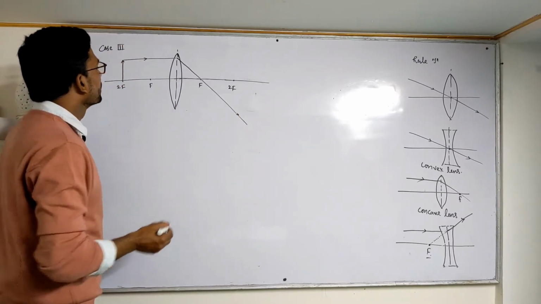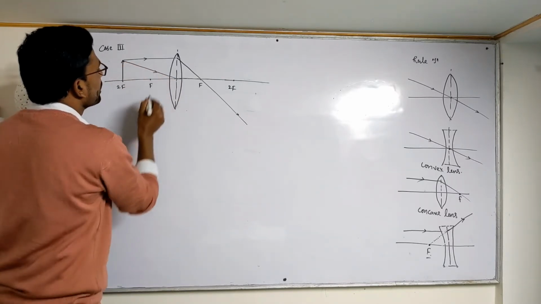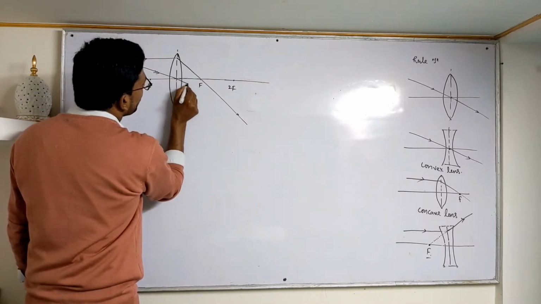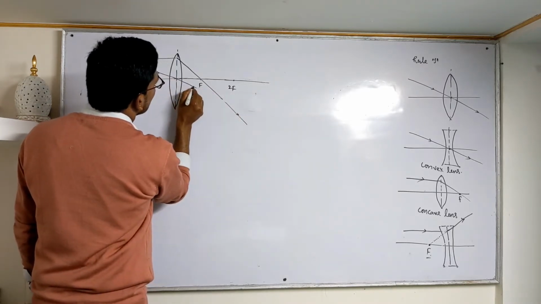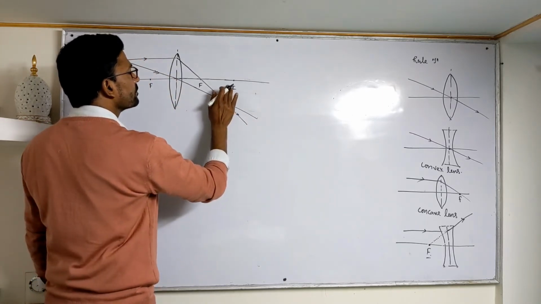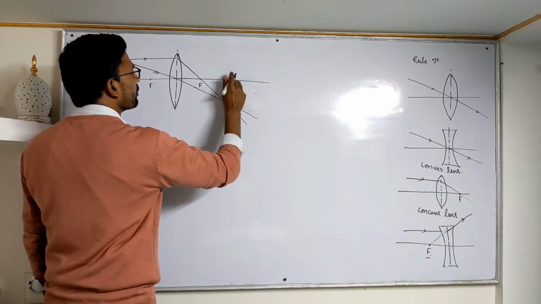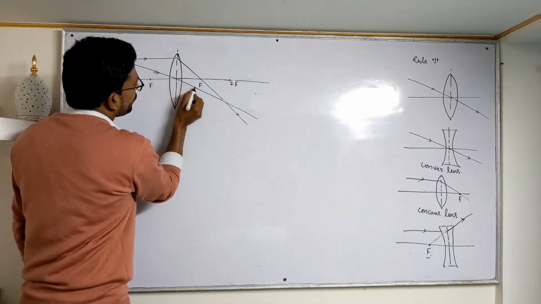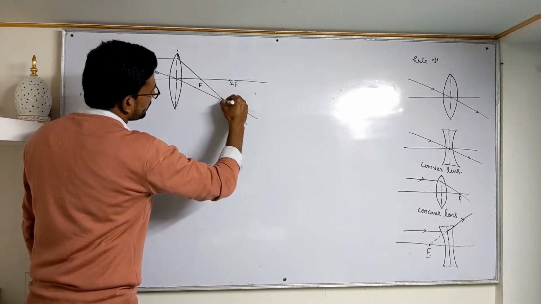And the second ray is considered to be incident on the pole. After refraction, it goes through undeviated in this way. Both rays meet at this point.